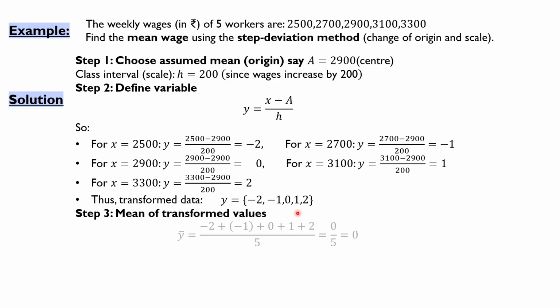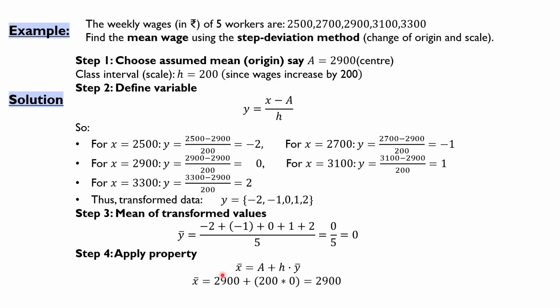If we want to find the mean of these transformed values, it comes to be 0. Now we apply the property, where we shift h to the left hand side, so it becomes h into y, and a is shifted, which comes out to be plus a. So x bar is equal to a plus h y bar, and our mean comes to be 2900.